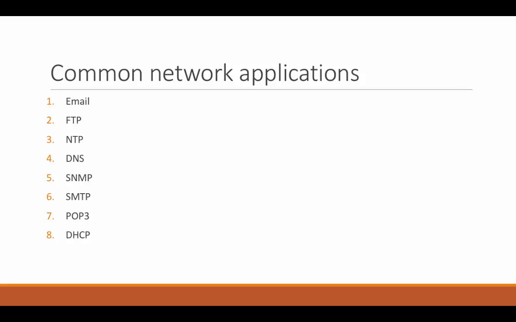Some other common network applications. An email application such as Outlook would use SMTP and POP3 protocols to send and receive messages to and from email servers. When you send an email message, the client sends the message to the email server using SMTP, the email server reads the domain name of the destination email server and then sends a message to that server.